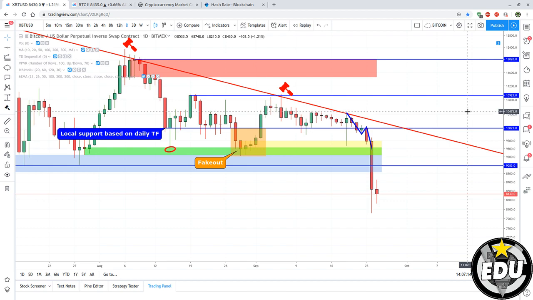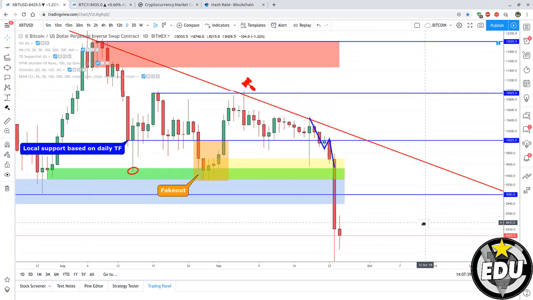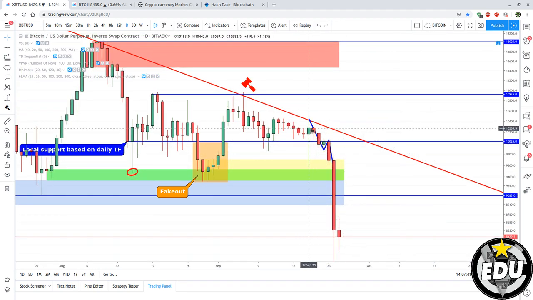What else? I'm on the daily now. I went from the monthly to the weekly, the 3-day, and the daily, to show you guys what I was looking at. Because in order to find an entry, you're not going to find it on the weekly, but on the daily, sometimes for a long-term idea, could be a nice entry if you place an important stop loss.